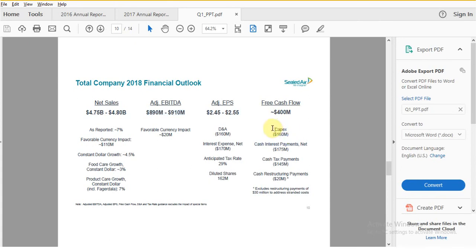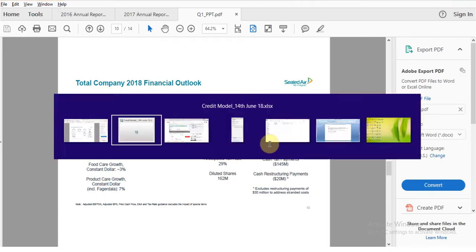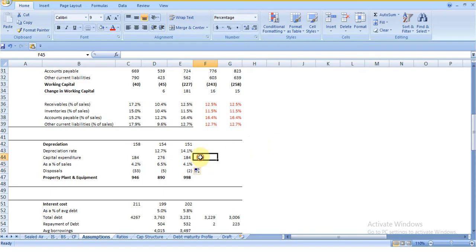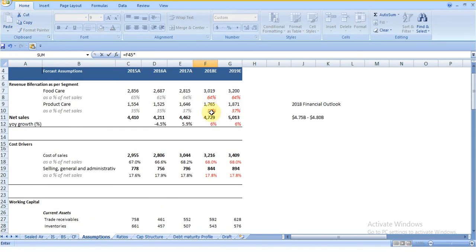Either we can directly plug in that 160 here, or if the company is not guiding, then we can assume a certain rate here, for example 5%, and back calculate by multiplying by the revenue. So this is a higher number.